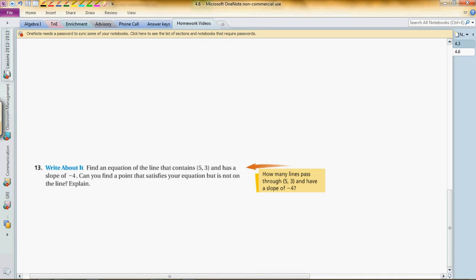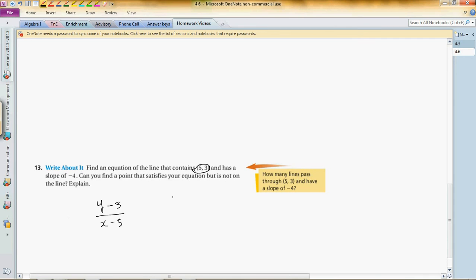So I want you to remember what the point tester is. So we have y minus 3 in this case over x minus 5. Where does this 3 and 5 come from? Well, it comes from this point right here, right? And then where does this equation come from?